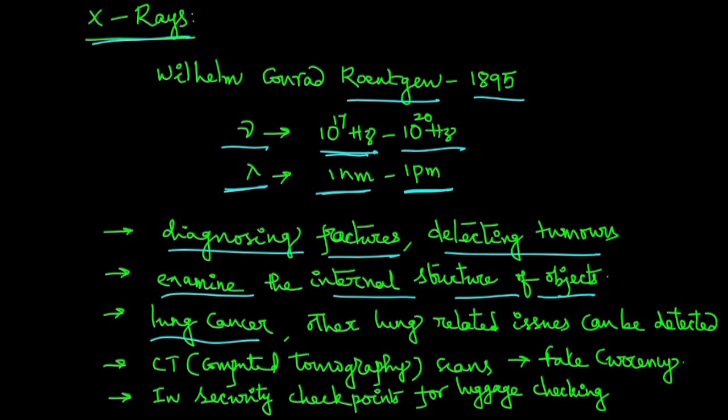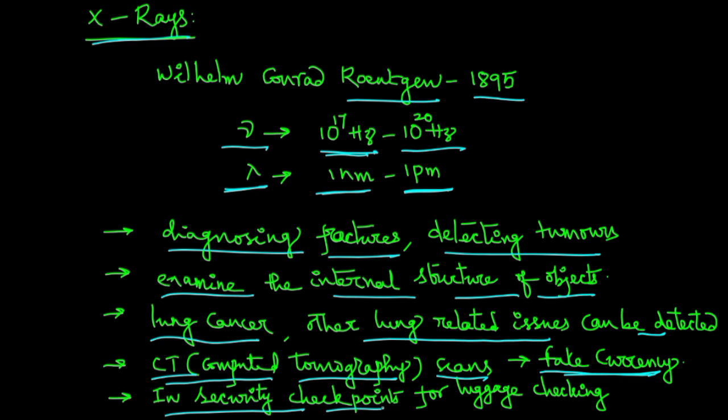Lung cancer and other lung related issues can also be detected with X-rays. And to find out fake currency, in computed tomography, meaning CT scans, X-rays are also used. In security checkpoints in airports, for luggage checking, X-rays are used.